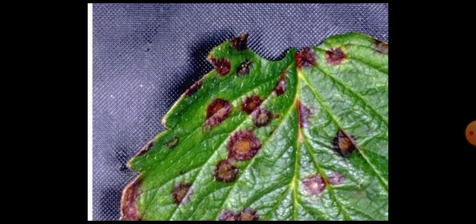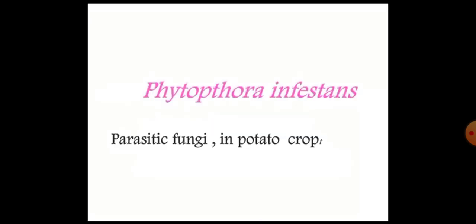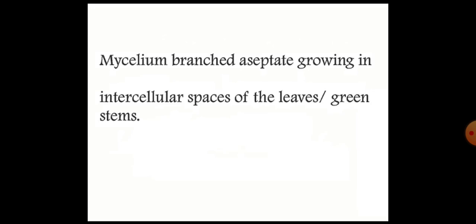Here you can see the figure, the patches which are visible here in this video, which is self-explanatory. You can see the life cycle of Phytophthora infestans, how mycelium, which is made up of aseptate hyphae, grows in the intercellular spaces of leaves and green stems.